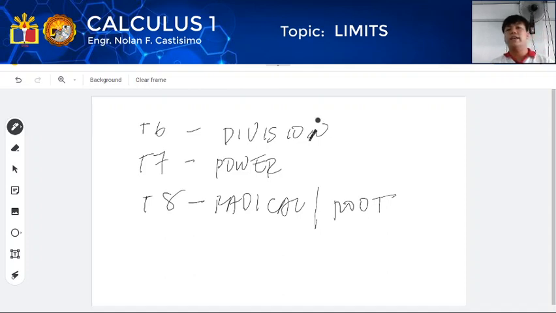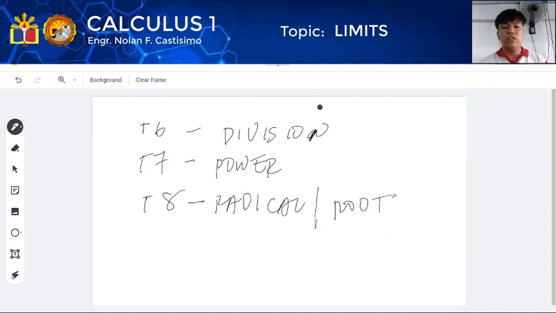So, hopefully, naintindihan nyo yung topic natin about limits. So, we have the definition. We define the limit. And we also discuss the 8 theorems of the limit. So, sa module natin, kailangan yung sagutan yung activities doon.